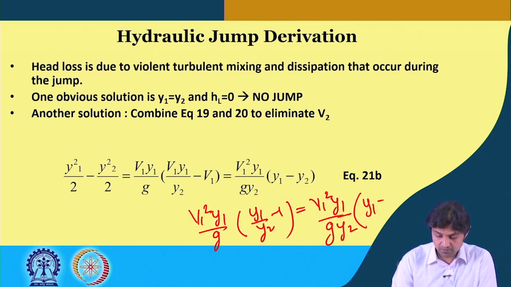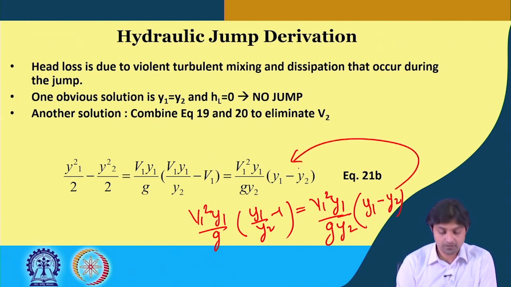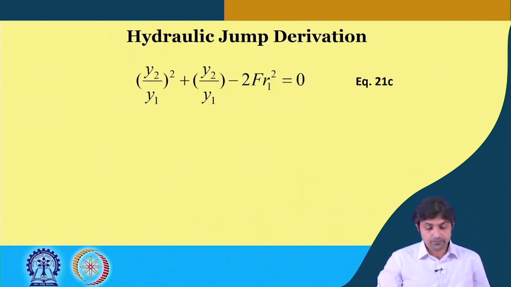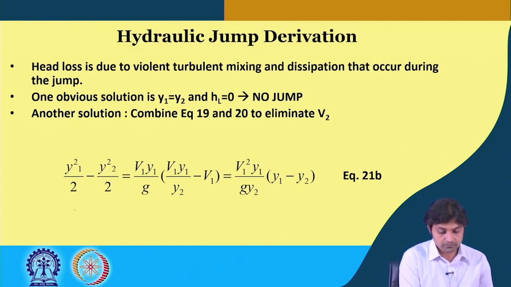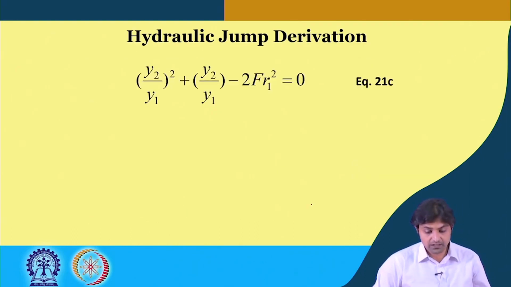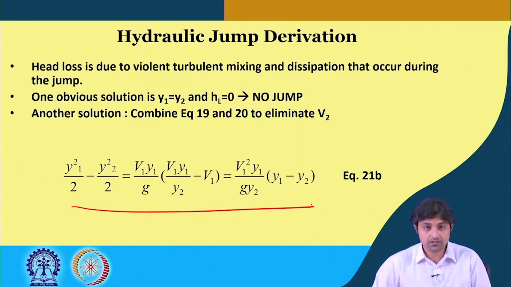So, this is Y1 minus Y2, and this is the same as this equation. So, this equation can be rewritten as Y2 by Y1 whole square plus Y2 by Y1 minus 2 Froude number 1 whole square is equal to 0.